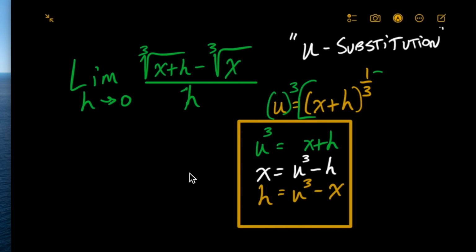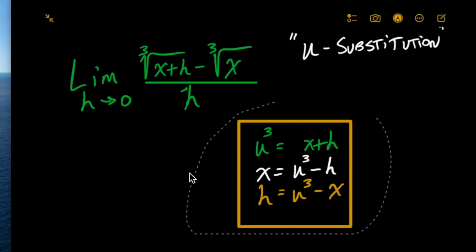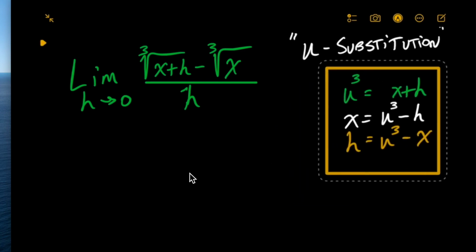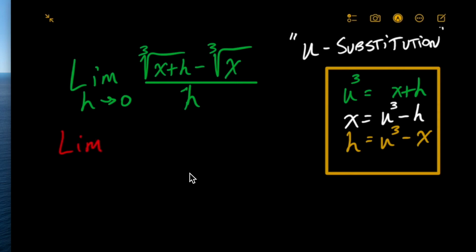Okay, let me make some room, show you how we do that. First thing we need to do is change the limit as h goes to 0 and get u involved. In other words, our new limit is going to involve what's happening with u. Here, h was the star of the show. In the new red limit, u is going to be the star of the show using these substitutions.